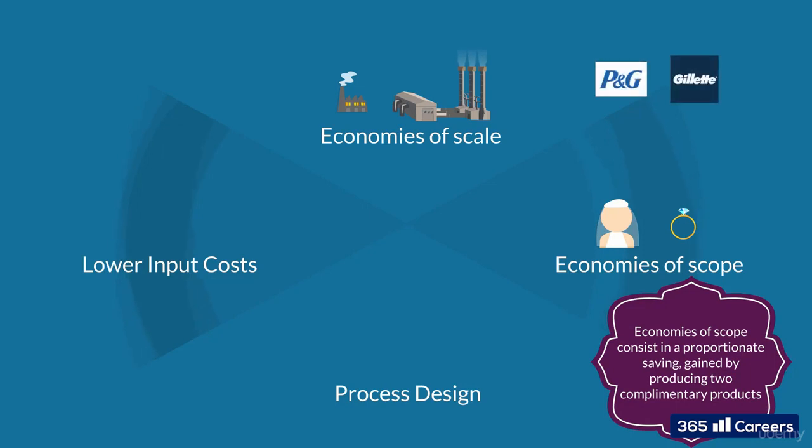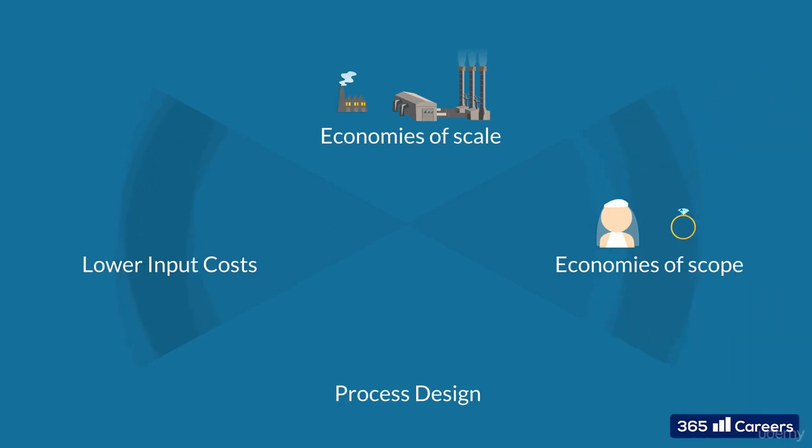A good example for an economy of scope is P&G's acquisition of Gillette. Once placed under the same roof, the two companies could use the same distribution channels and lower their logistics and sales expenses. Another good example is the production of milk and cheese.